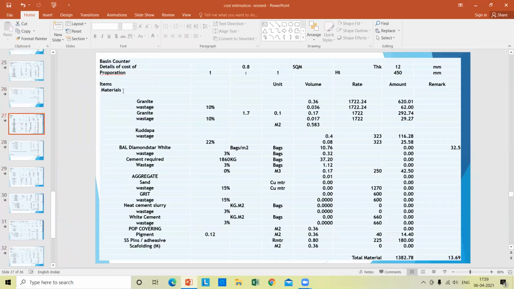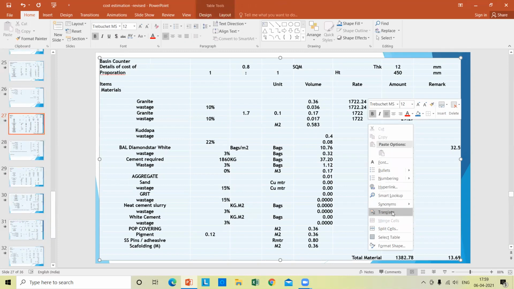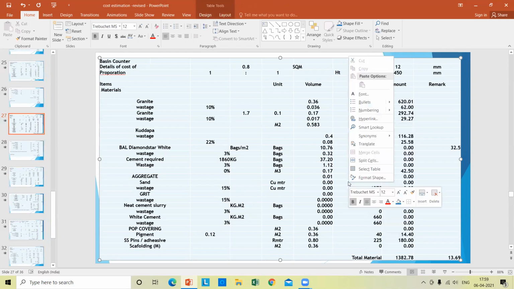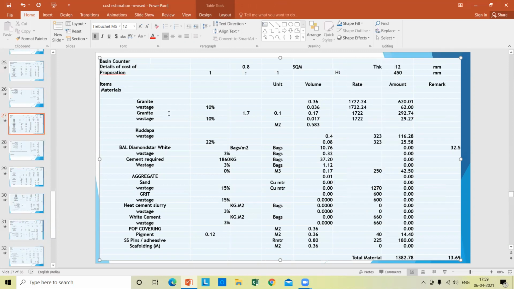Okay, basin counter, that is 1 square meter, thickness will be 12 mm, height will be 450 mm. Granite 0.36 at the rate of 1722 will be 720 rupees. Wastage is 62 rupees. Granite 0.17, 1722, 292.74.